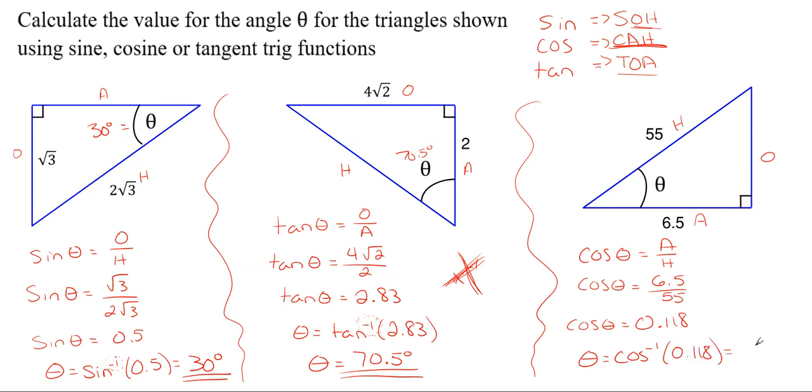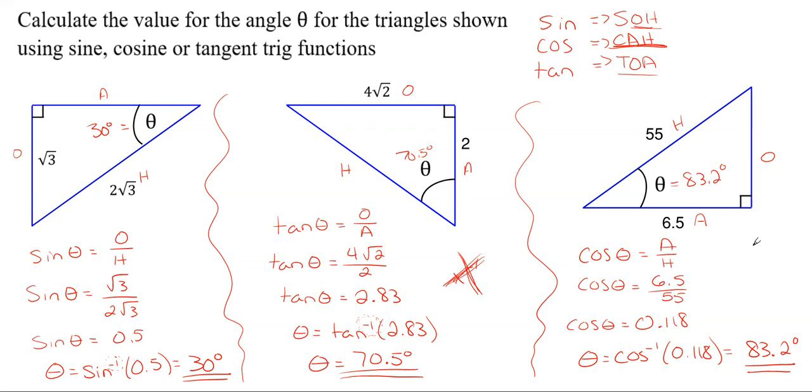And my angle from this pops out to be 83.2 degrees. So that means that this angle here, given these sides, must be 83.2 degrees if a right triangle is to be formed. So that's how you would use sine, cosine, and tangent very quickly to solve for angles inside of right triangles given certain dimensions.